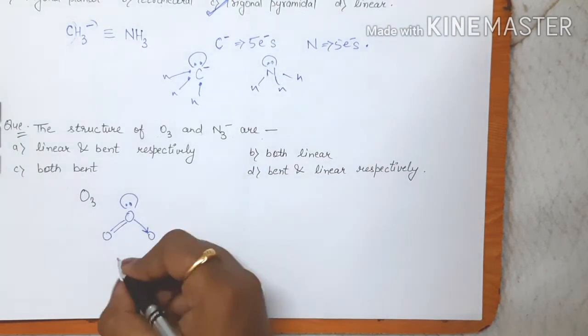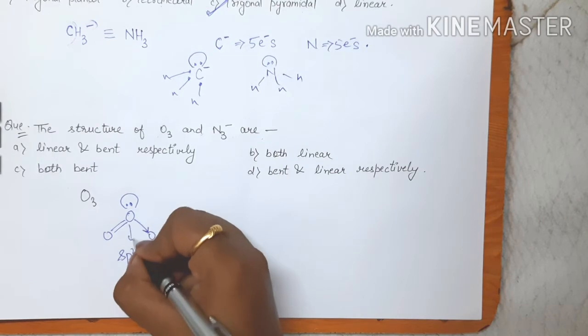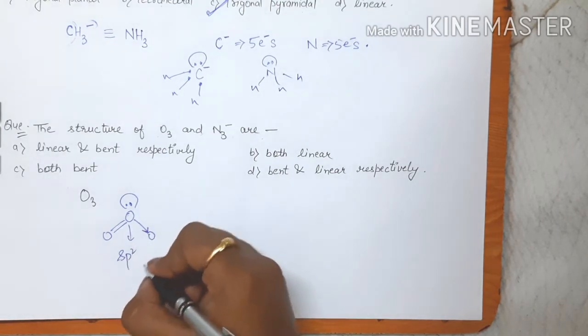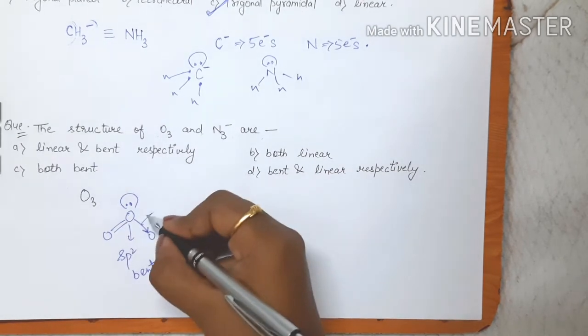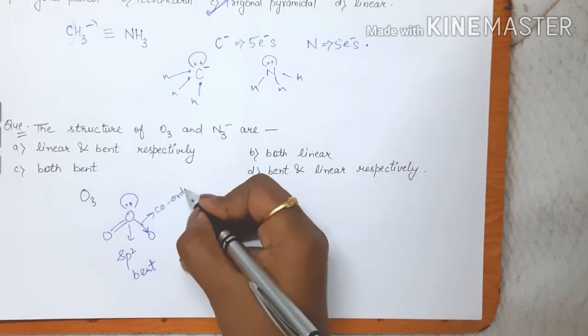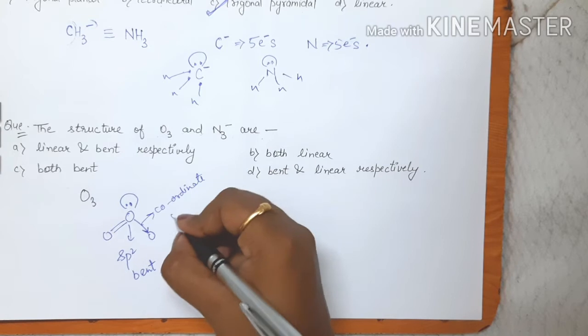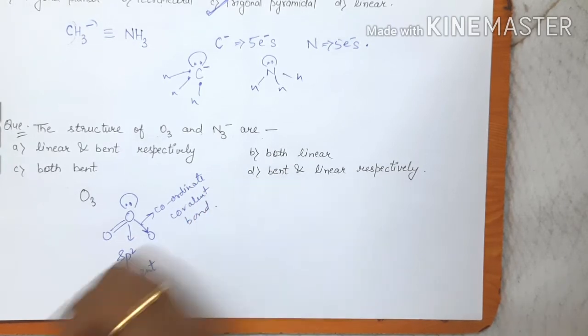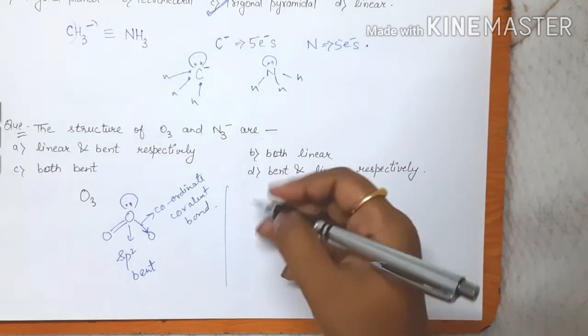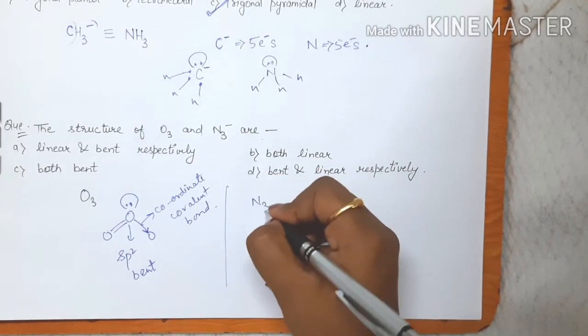Right, so it is sp2 hybridized. This oxygen is sp2 hybridized, having bent shape, right? This is coordinate covalent bond. Okay, now we'll move on to the next structure, which is N3 negative.